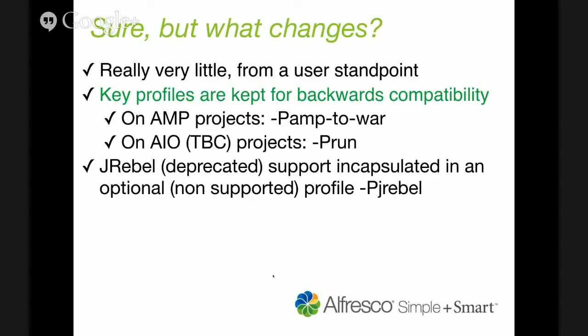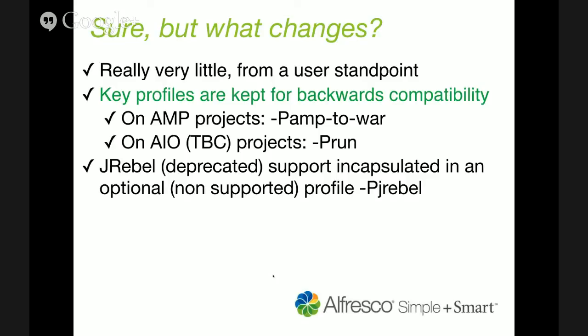The Alfresco SDK 2.0 will only work with Alfresco 5 and above, and that's because, obviously, we have Mavenized Alfresco, so the artifacts layout has changed, and the new SDK just assumes Alfresco 5.0 and a fully Mavenized Alfresco artifact set. But back to the user experience, the commands remain exactly the same as they were in the Alfresco SDK 1.